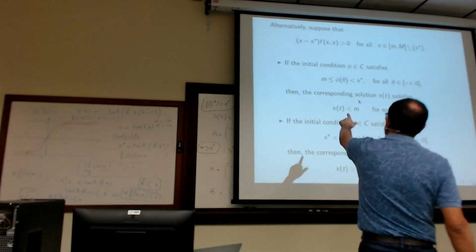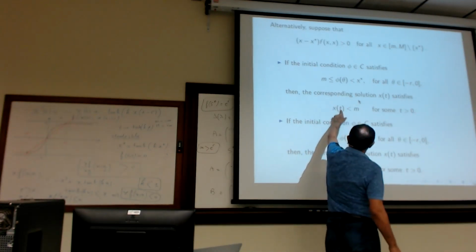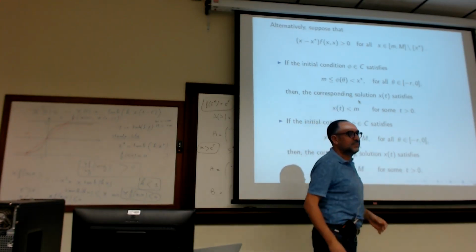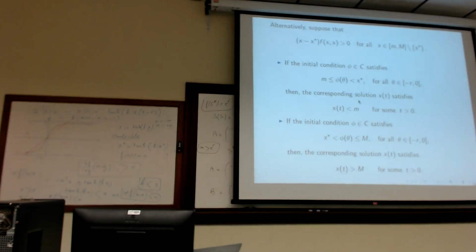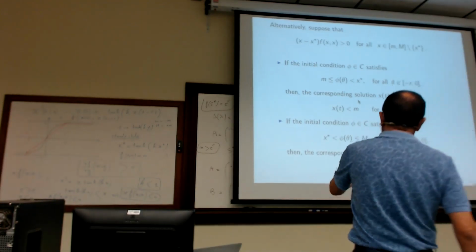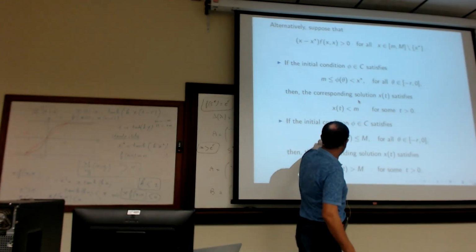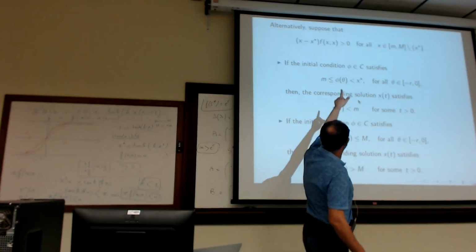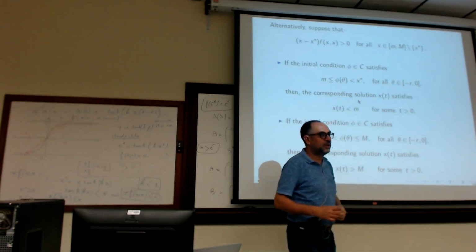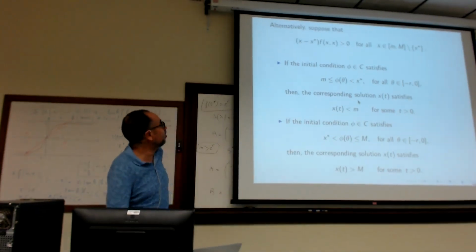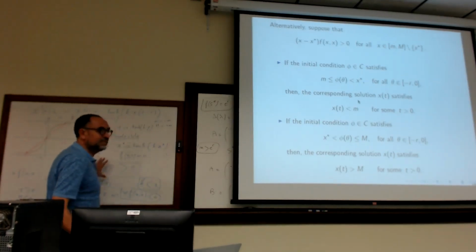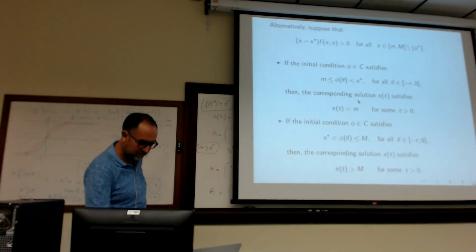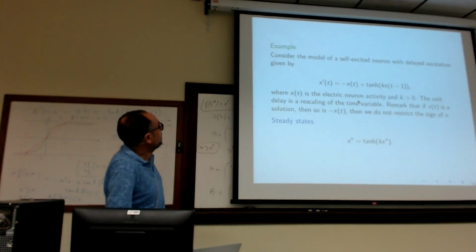If you take initial condition between m and the steady state, the solution will be less than small m, and will be in the other set. This is what we can call instability, but a very big one, because you will be very far from the steady state. Each time you take m, the solution will be bigger than m. Of course, the condition is different from the other one, but also f is monotone. This is the general condition. This is exactly the result that I did.